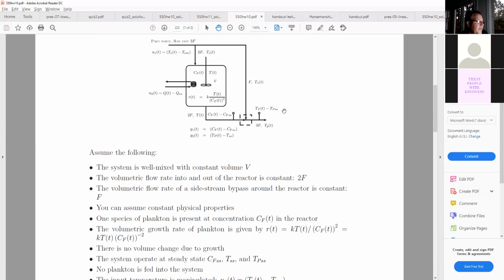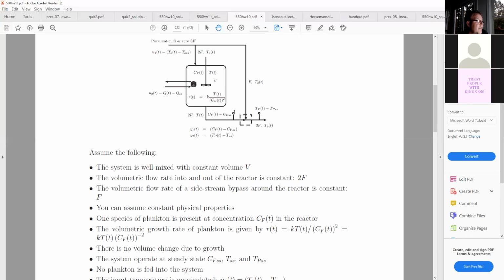We don't care what the concentration is actually leaving. It doesn't hurt to have an extra equation, but for this problem we don't need the extra mass balance for the mixing point because there's no product concentration that we care about. We just care about the reactor concentration coming out right here.